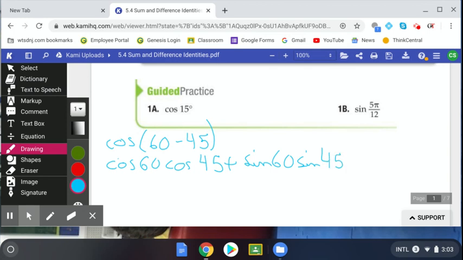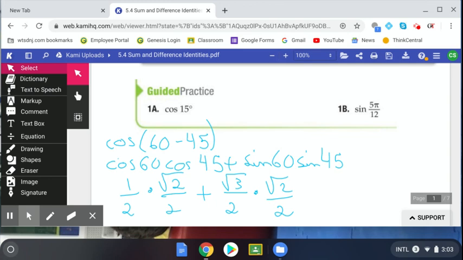So now I should know those values. Hopefully you memorized them. Cosine 60 is 1/2. So this is equal to 1/2 times cosine 45, which is radical 2 over 2, plus sine 60, which is radical 3 over 2, times sine 45, which is radical 2 over 2. And now I just need to evaluate that. Order of operations says I have to multiply first.